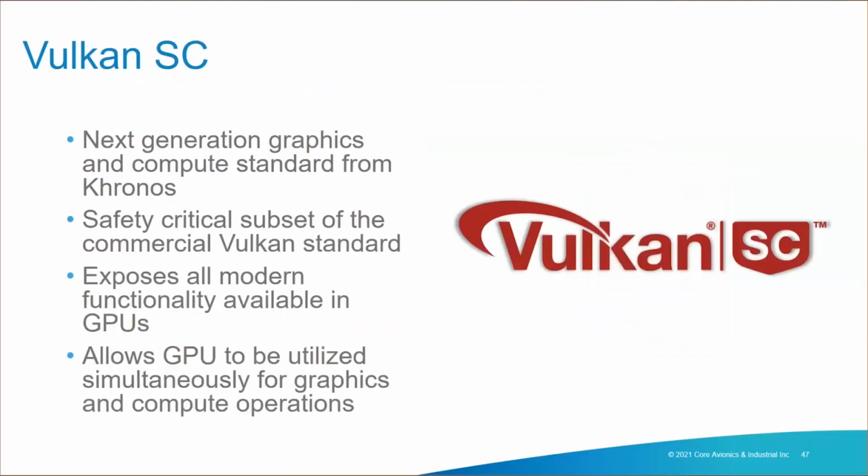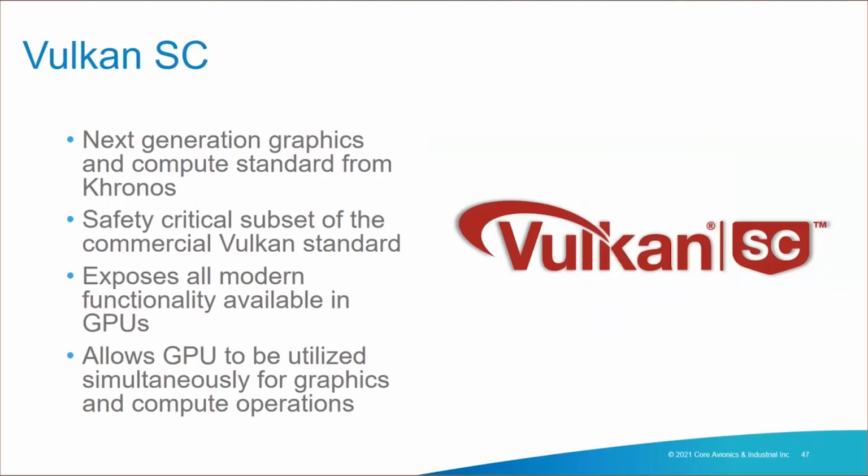So it's focused on providing a safety critical subset of the Vulkan standard that can be used in, for example, avionics applications. And it's focused on exposing modern functionality available in GPUs. So this is stuff like compute shaders for general purpose compute and more advanced graphic features like geometry shaders and tessellation shaders.